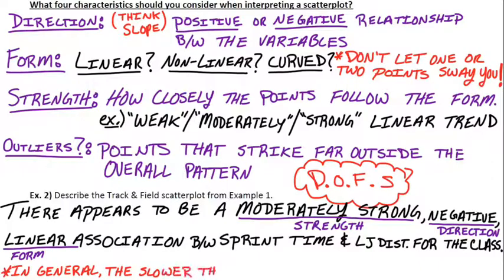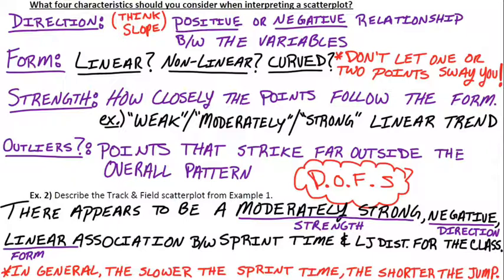Well, it kind of shows that the slower your sprint time is, the shorter your long jump is, which should make sense. All right, that's good for the track and field example.